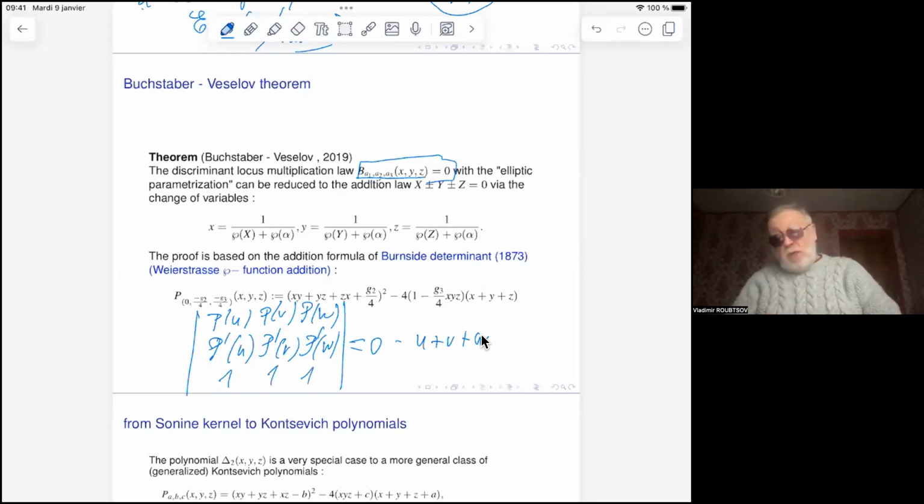It is easy to check that this is equivalent to the equation which I wrote.